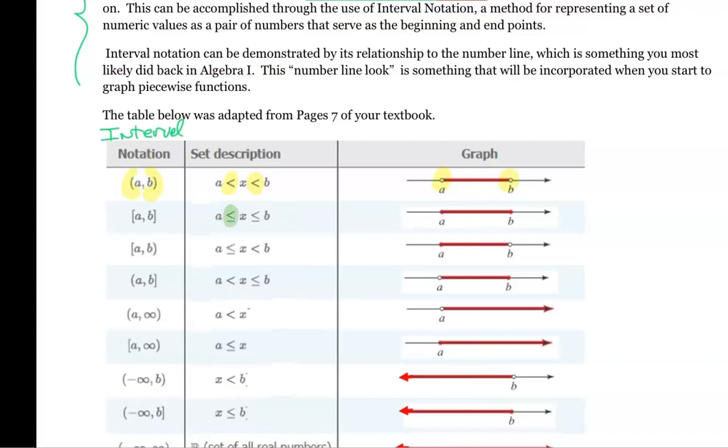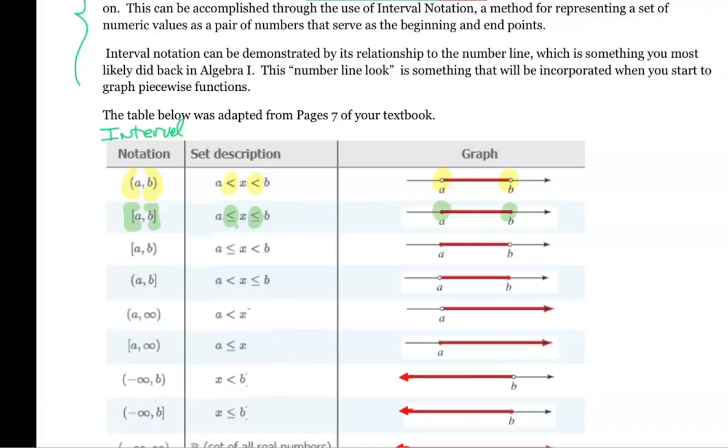I have an equality symbol there. That means I have a closed circle over here, and I have to have brackets. So the second you see the equal sign underneath the inequality, that little straight line looks like the bottom of a bracket. So think about that.